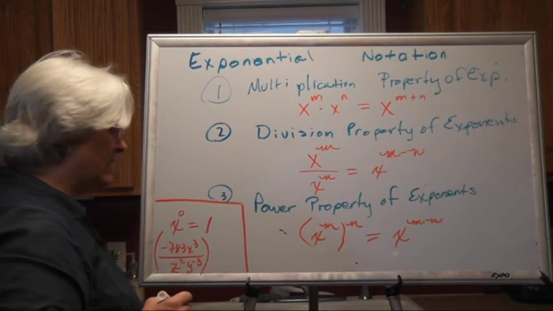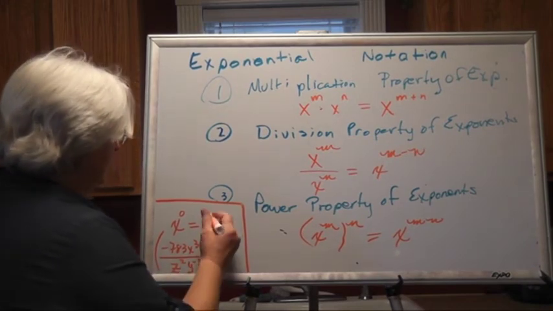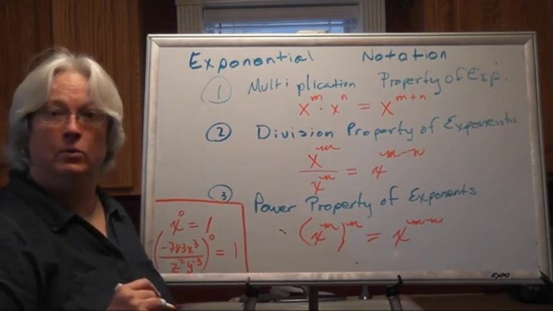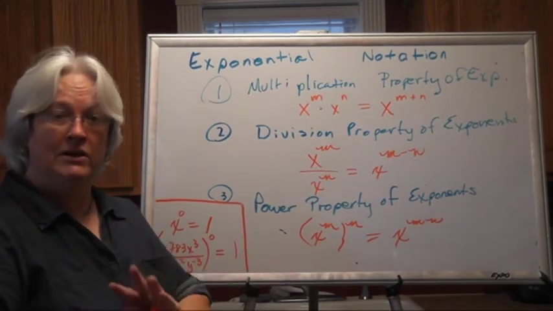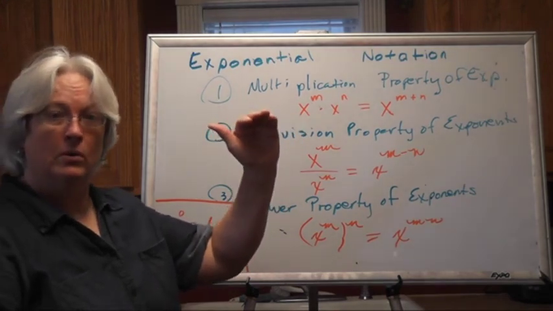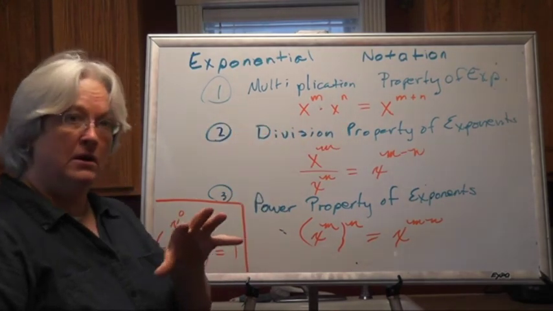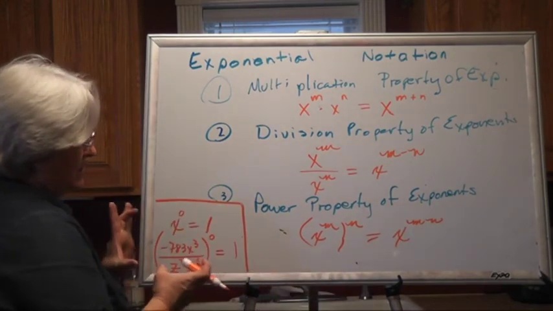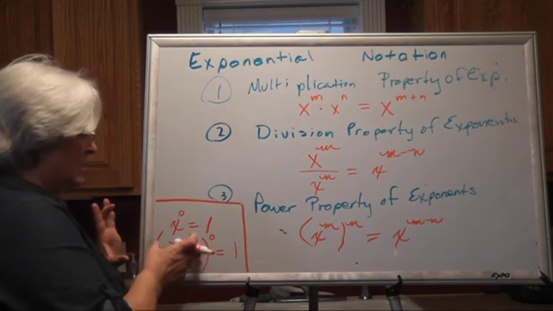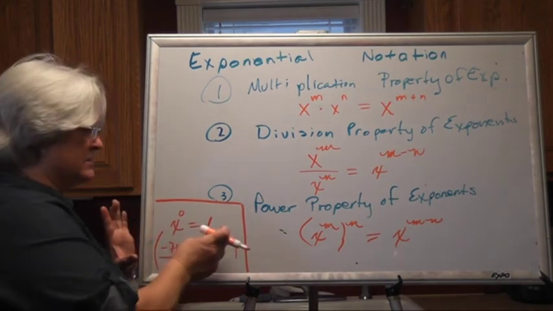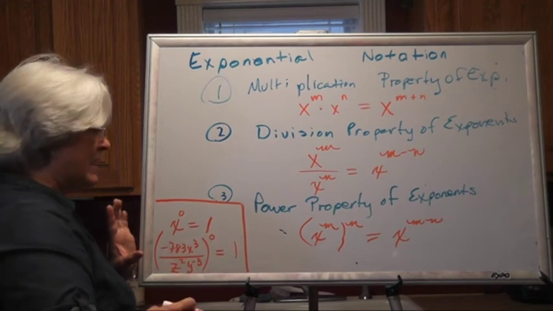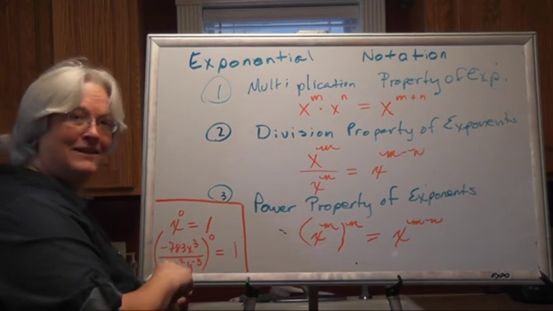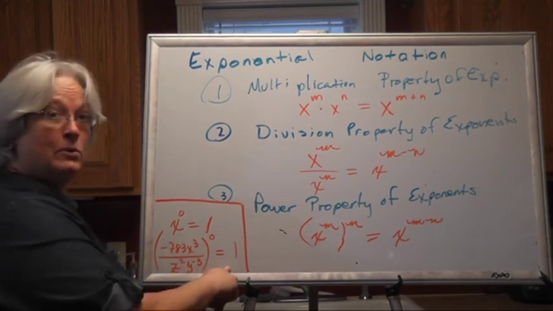But if we have that in parentheses, raised to the 0 power, that's still equal to 1, because remember, with our order of operations, parentheses and exponents, you have to deal with those first. So we have a single quantity here, because it's included in those parentheses, that we're raising to the 0 power, and anything to the 0, no matter how messy and ugly it looks, is always equal to 1.